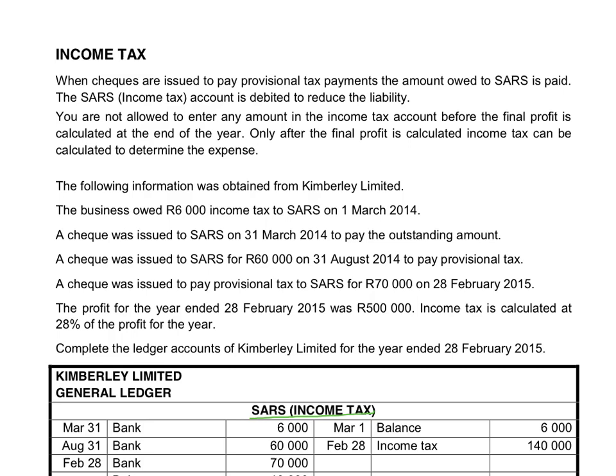When checks are issued to pay provisional tax payments, the payments are made to SARS to pay the money that the business makes on the profits. That means this SARS account must be reduced so that the liability can be reduced. Now remember that SARS is a liability.